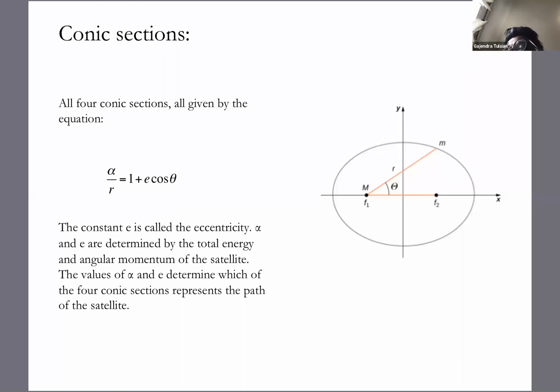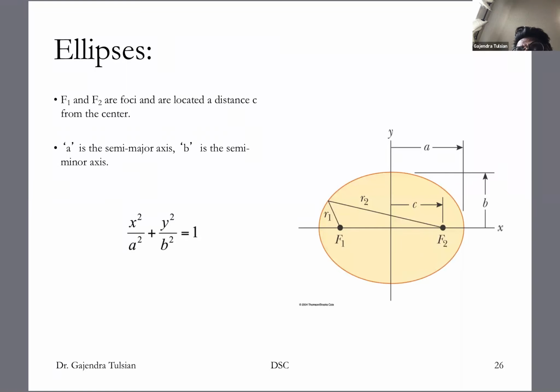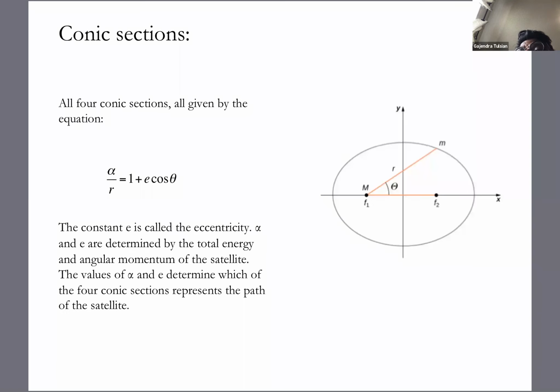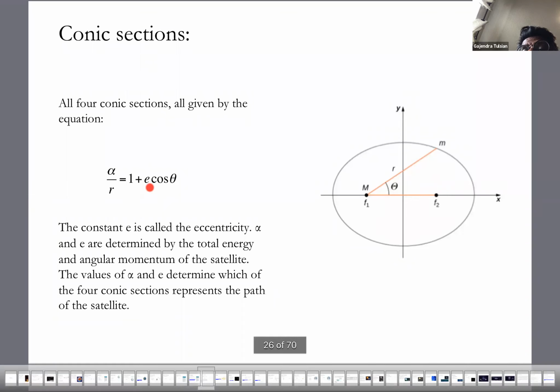So here's the equation of an ellipse in Cartesian coordinates. In this formula, E is the eccentricity of the conic section.